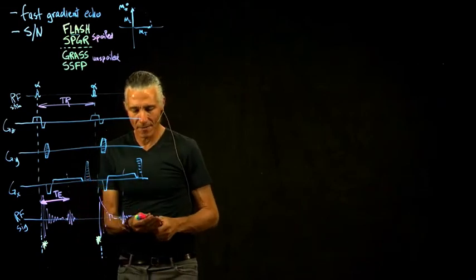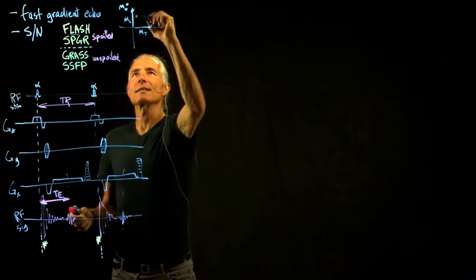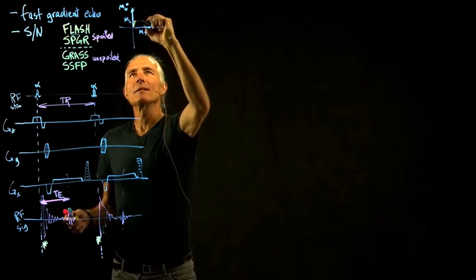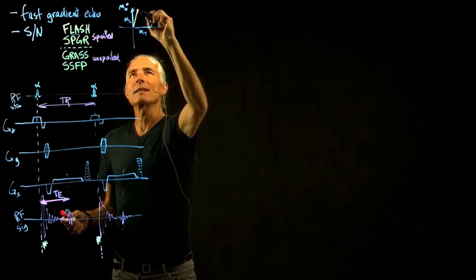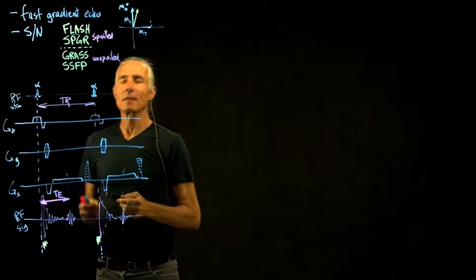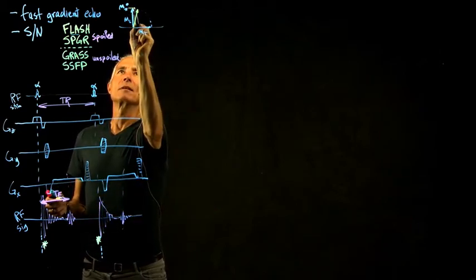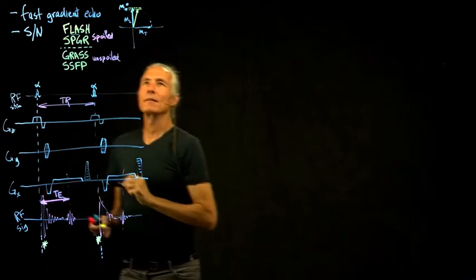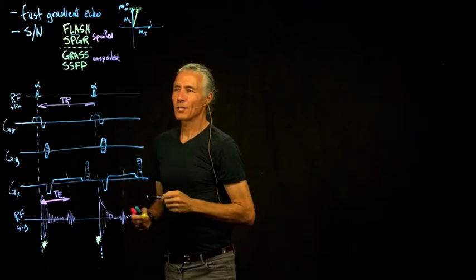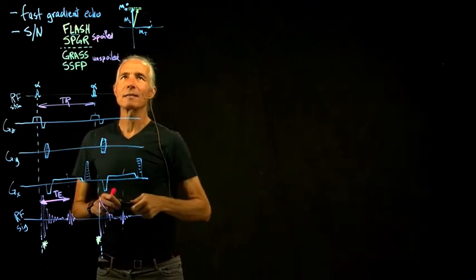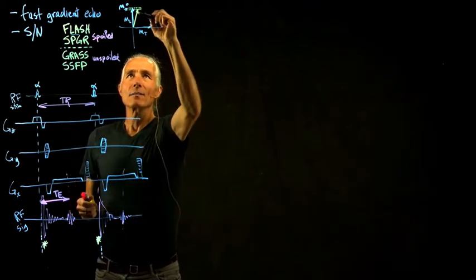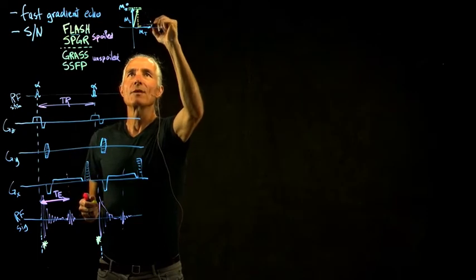And so the idea of fast low angle shot is if we just do, say, a 10-degree flip angle, here's how much we started with, but we've only lost that much longitudinal magnetization. And yet we still get a sizable amount of transverse magnetization.